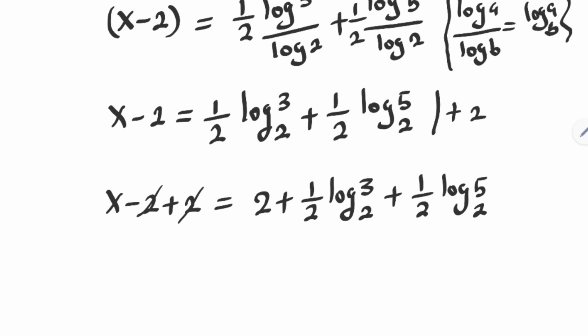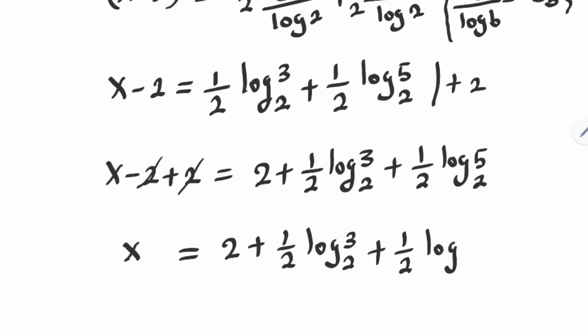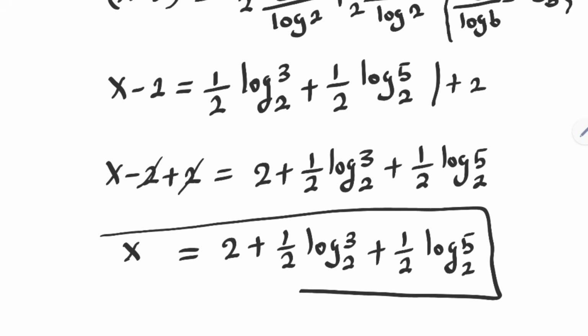These two cancel these two. x is equal to 2 plus 1 over 2 log 3 base 2 plus 1 over 2 log 5 base 2. This is the final answer.